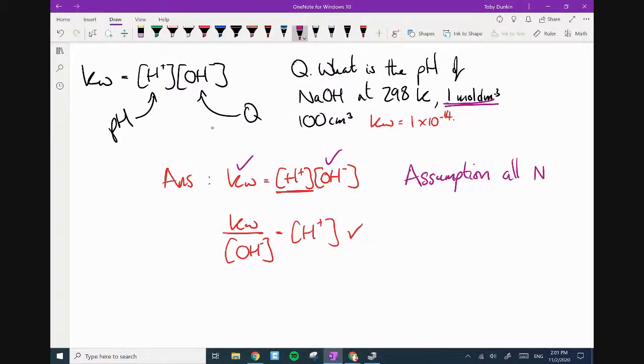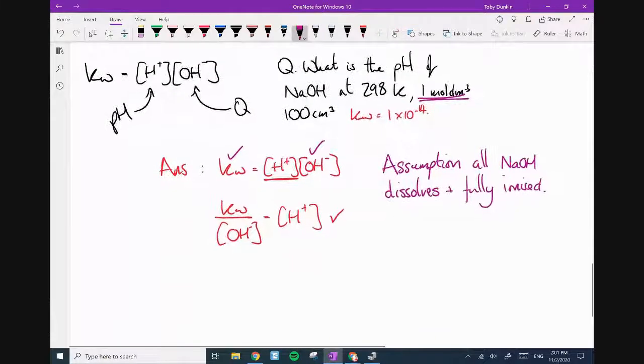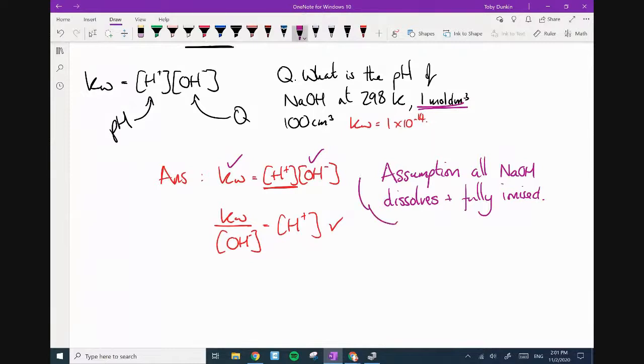Assumption: all NaOH dissolves and it is fully ionized. Because it's highly soluble, this is reasonable. It's a low concentration, it's all dissolved, it's all disappeared.